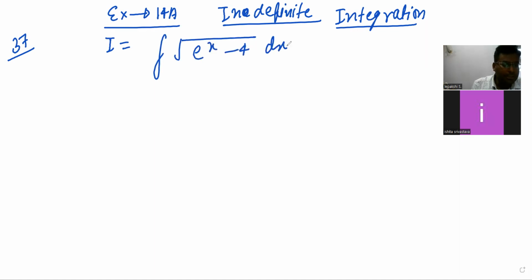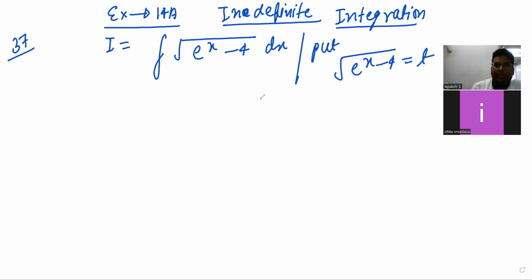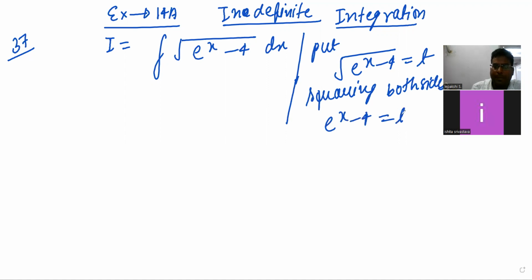So put here under root of e raised to x minus 4 equal to t. Now squaring both sides, what will happen? It will become e raised to x minus 4 equal to t square, right?